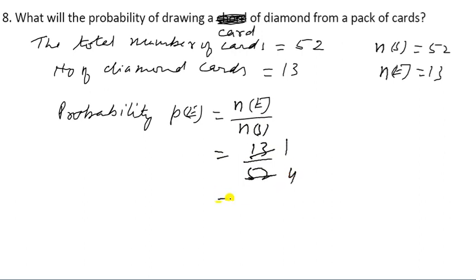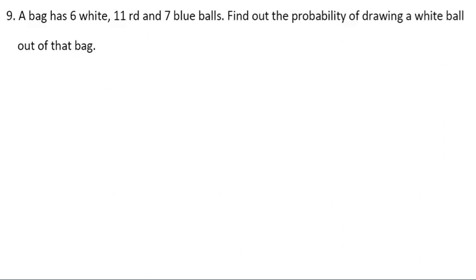What will be the probability of drawing a card of diamond from a pack of cards? So the total number of cards, you can write here the total number of cards. So that is 52.